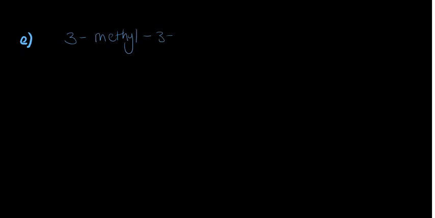So the parent name is but, meaning it has 4. So we'll draw a 4 carbon chain: 2, 3, 4. This is an aldehyde, so there is an aldehyde at the terminal end there. Then we can number it 1, 2, 3, 4.